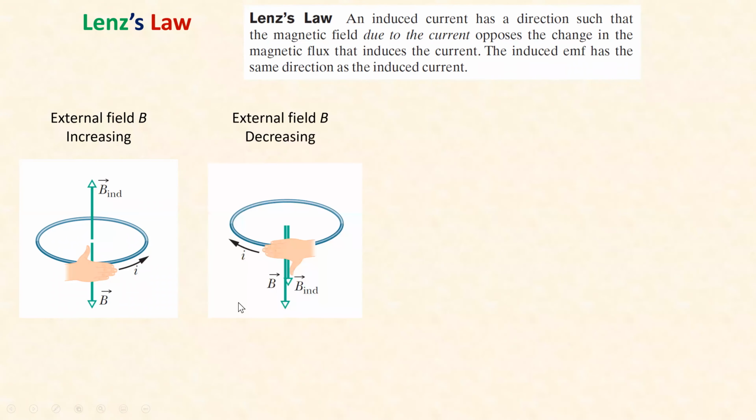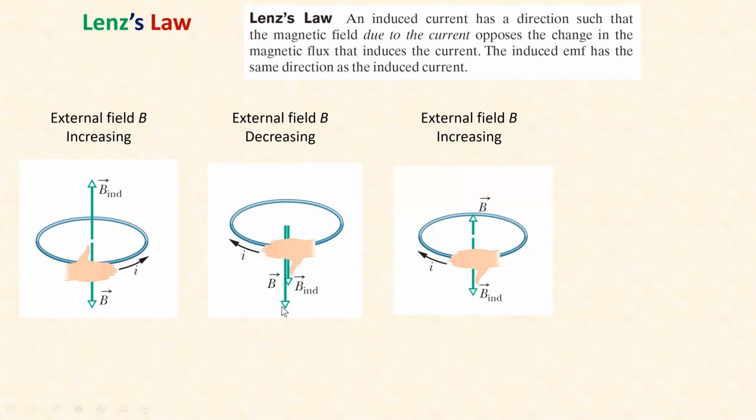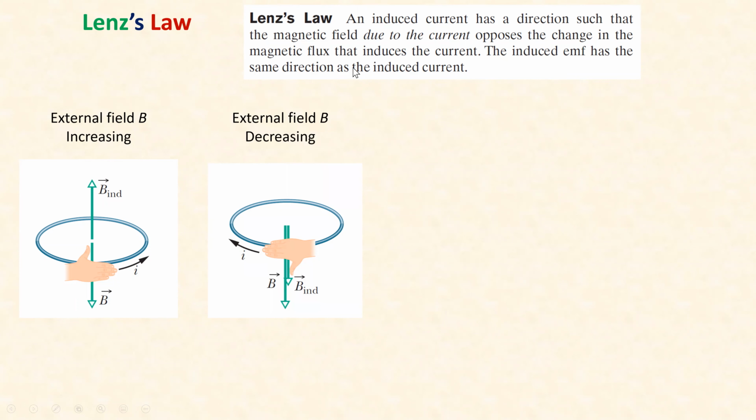This is another example. Now the external field B is decreasing. The field is downward and it is decreasing. If it is decreasing, Lenz's law says that the B field of the induced current will support that because it is decreasing.